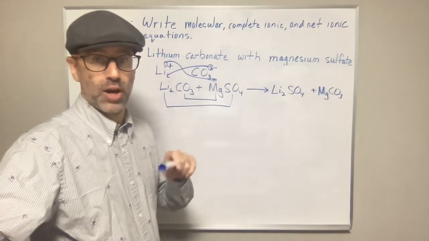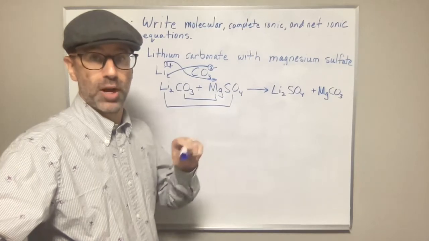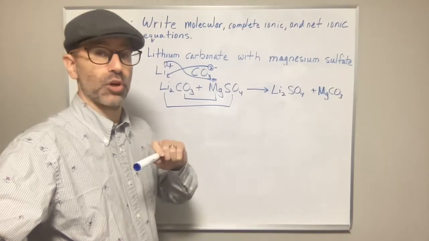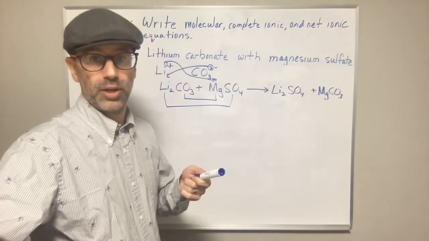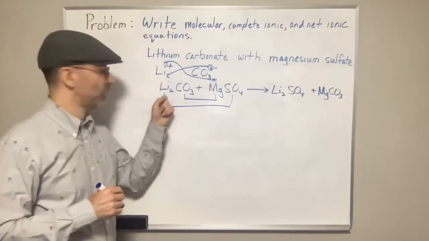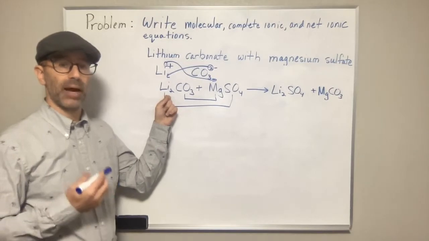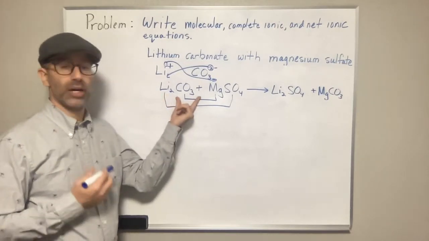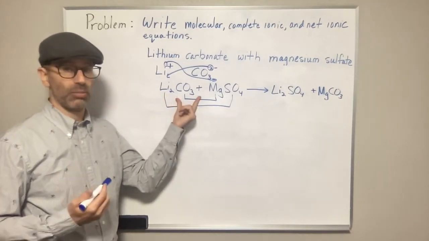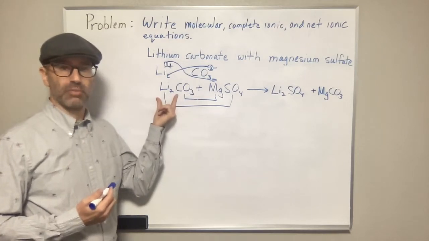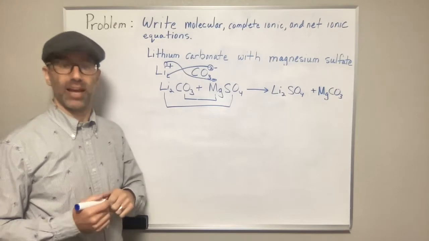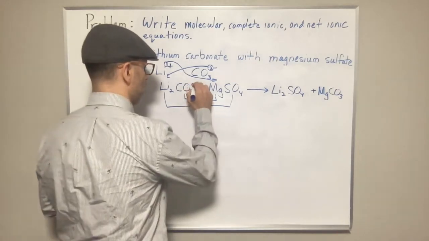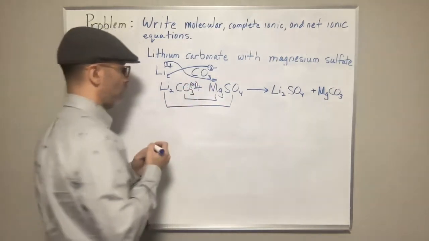If you have a group 1 metal carbonate, that's going to be soluble, or if you have ammonium, NH4+. So what do we have here? We have lithium, that is a group 1 metal. So although generally carbonates are not soluble, in this case it's an exception. So this is soluble, so it will dissolve in water. It'll be aqueous, AQ for aqueous.